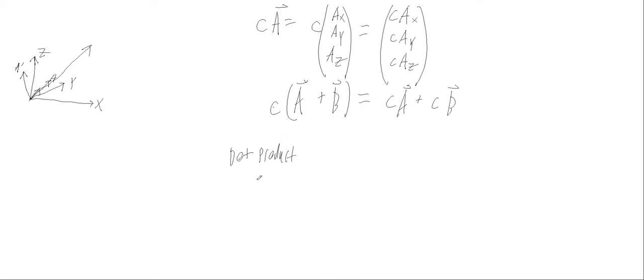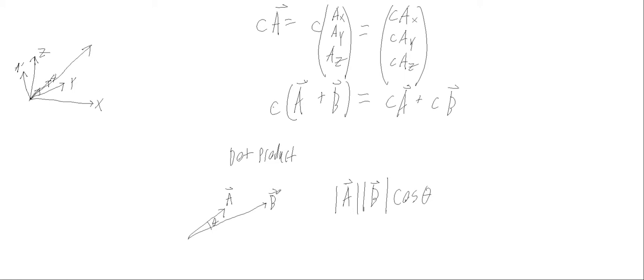If we have, say, this is our vector A, and this is our vector B, this will be the same as saying the absolute value of A multiplied by the absolute value of B multiplied by cosine of theta, where theta is the angle between them.